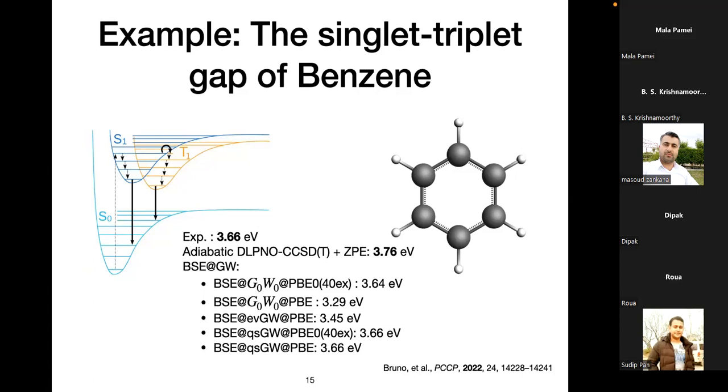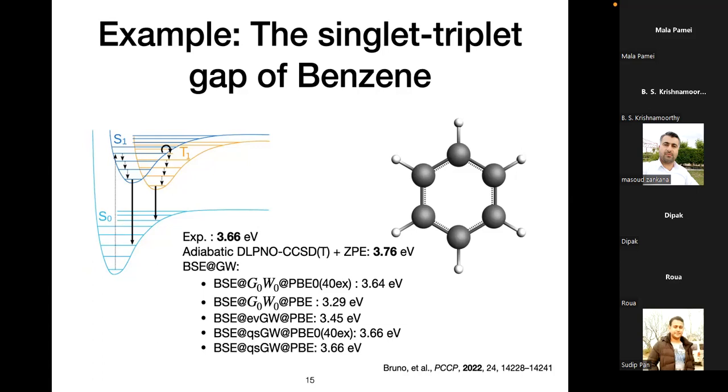Perfect agreement with experiment. And in fact, you more or less get the same result as PBE0 with 30% exchange. That's pretty general. I'm quite surprised. I looked at that quite often, and PBE0 with 40% exact exchange for medium-sized molecules typically gives you the same result as quasi-particle self-consistent GW.